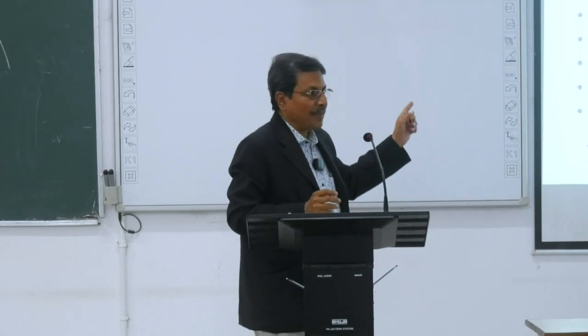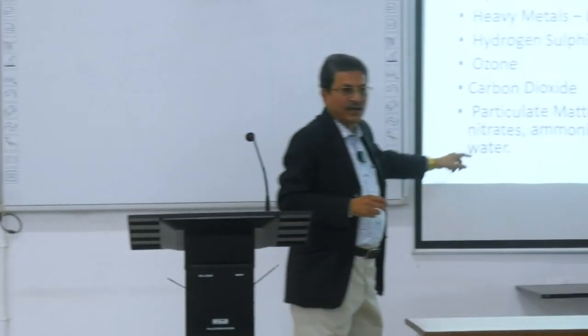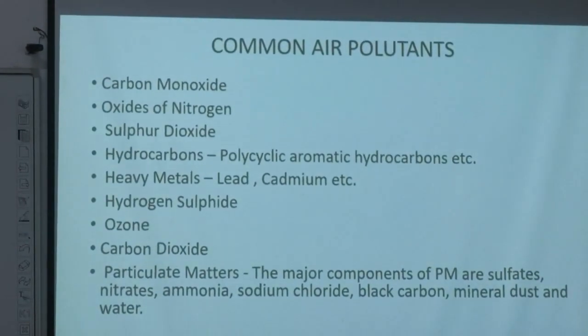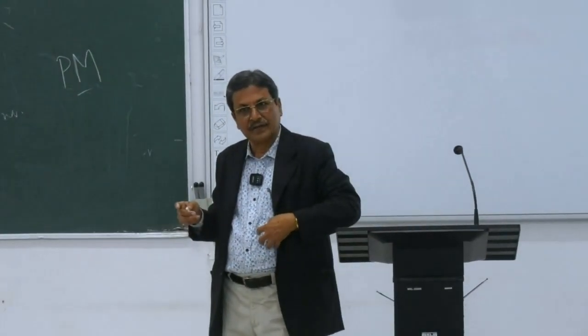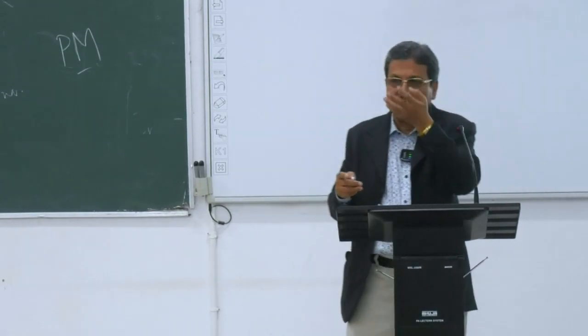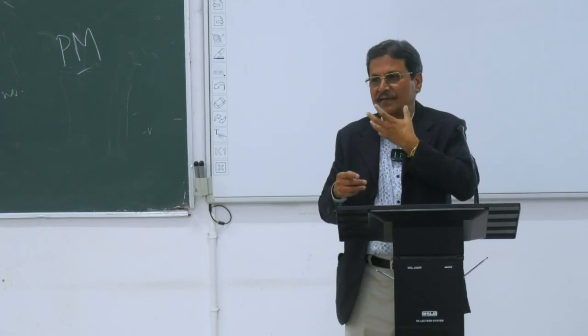So air quality index is mainly based on particulate matter, on the size of the particle. Particles less than 2.5 microns enter up to the alveolus, and above 2.5 microns up to 10 microns, most of them get entrapped in the upper respiratory system.